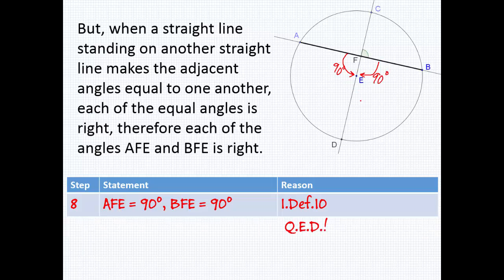And that was the point of Book 3, Proposition 3, at least the first half. The second half deals with the inverse, that if these two lines intersect and form a 90-degree angle, then line CD bisects AB and the two segments on each side are equal.